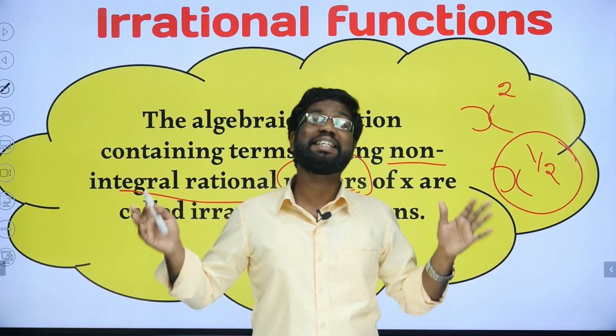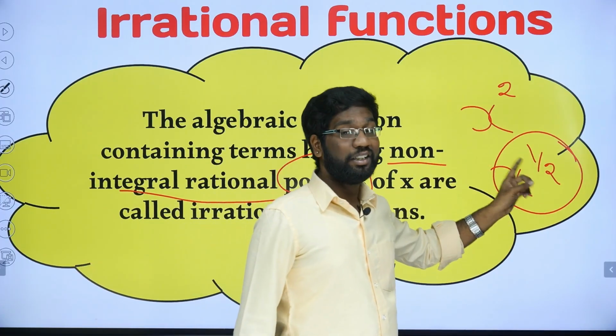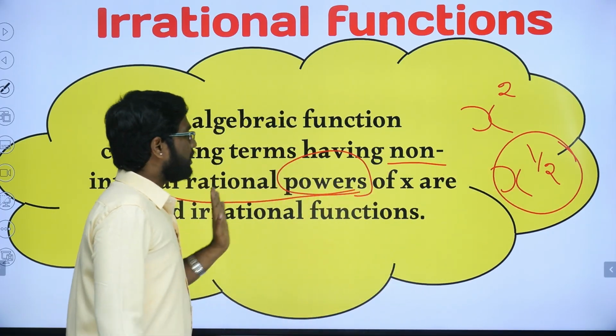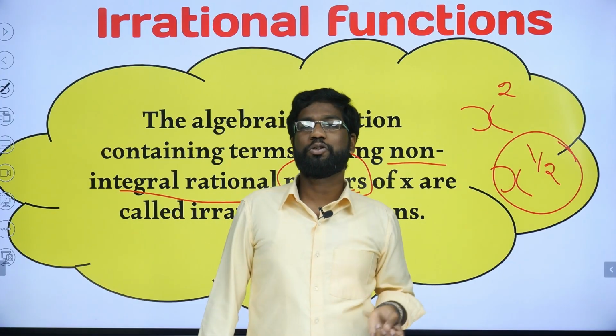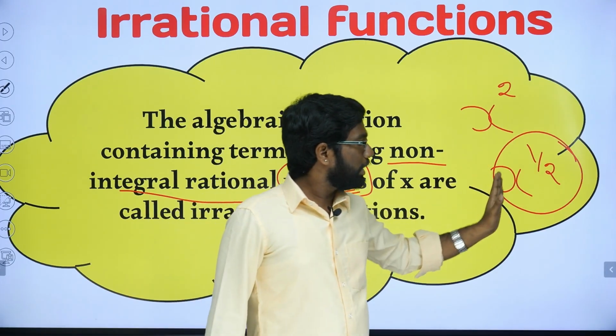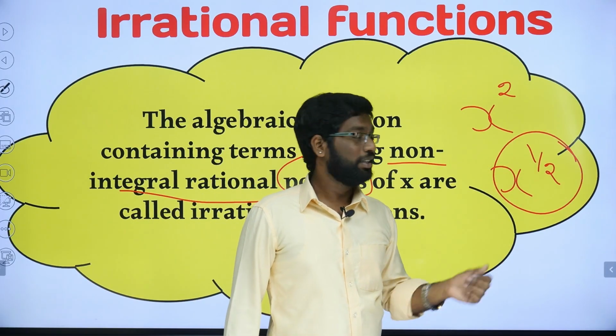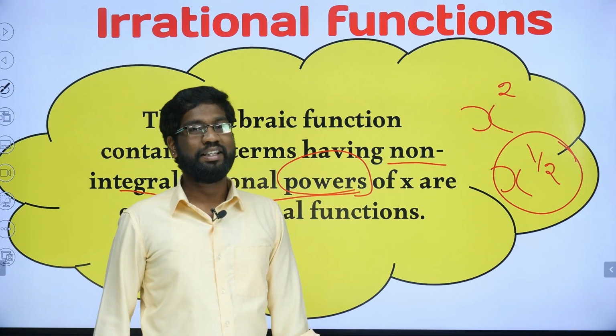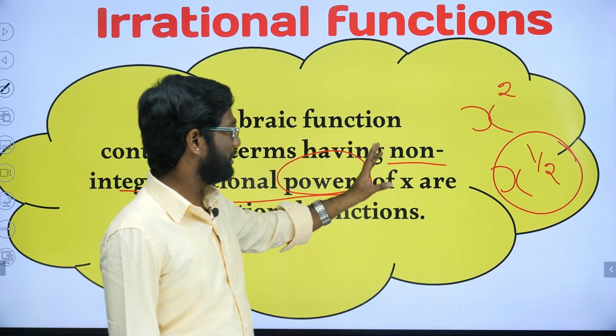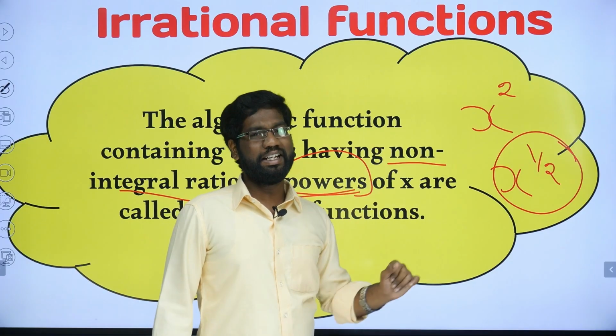Those numbers are called integers. This is a non-integral rational power, because 1 by 2 means 0.5. If I have that rational power, then it becomes the irrational function. Yes, really. So now this function is an irrational function.